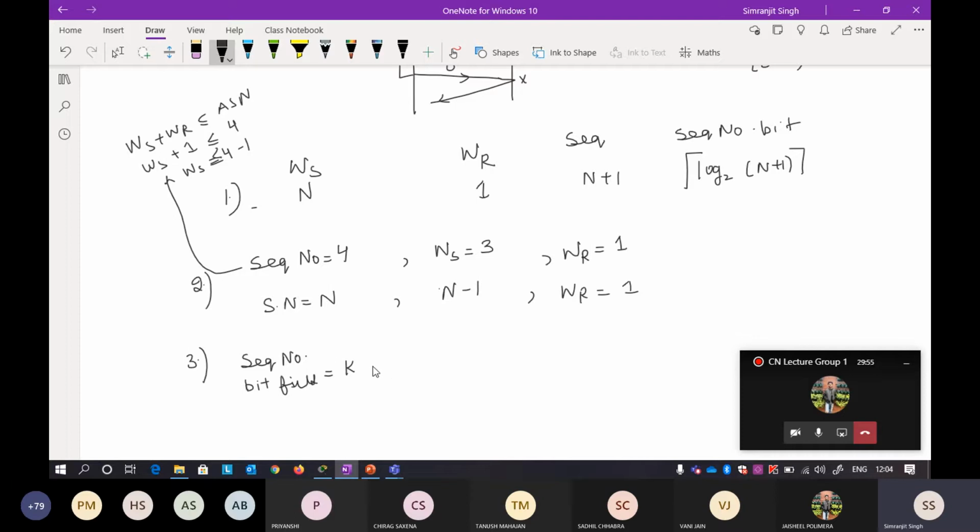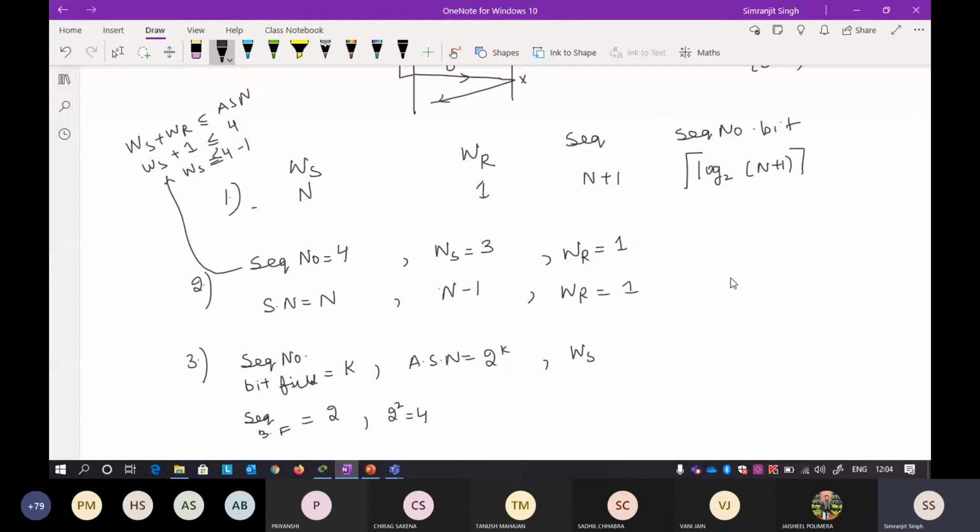How many available sequence numbers can you calculate from here? If the sequence number bit field is, suppose, 2, the total number of sequence numbers will be 2 raised to power 2, that is 4. So in this case the available sequence numbers will be 2 raised to power k, whatever it is. Now you can find out the sender window size and receiver window size.